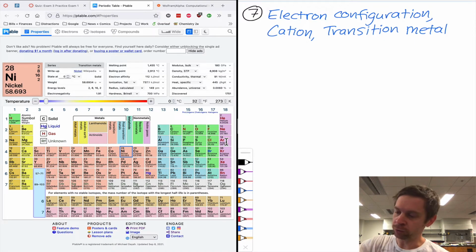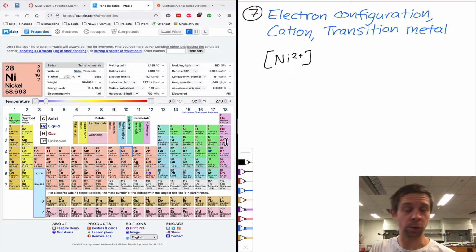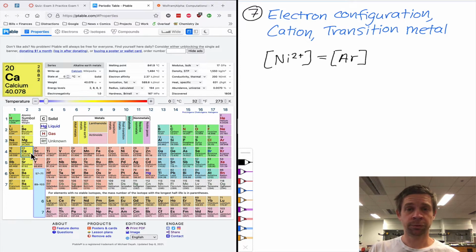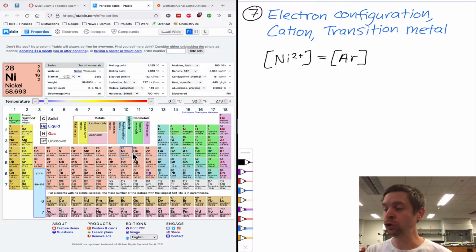And so to start things off, I can say that the electron configuration of nickel 2+, which hasn't lost any core electrons, which is normal for stable cations, is going to include all of the electrons of argon in their corresponding shells, subshells, etc., and start there. I may also start by thinking about 4s2, 2 electrons in the 4s subshell, and 1, 2, 3, 4, 5, 6, 7, 8 electrons in the 3d subshell for a neutral nickel atom.